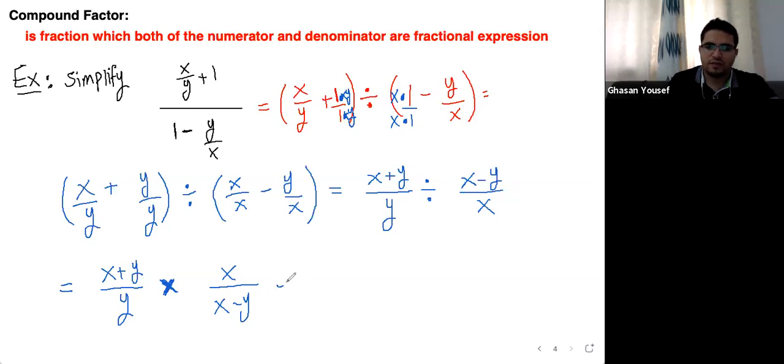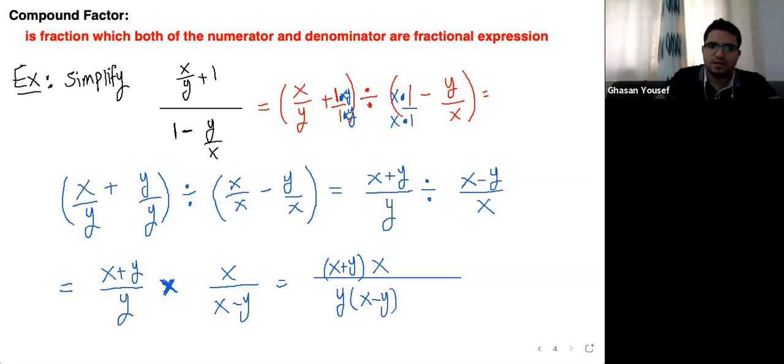Now, because we have multiplication, we can multiply. This means we multiply the numerators together and the denominators together. So now I get x plus y times x, and here I get y times x minus y.